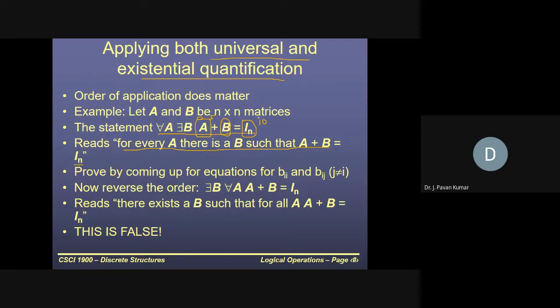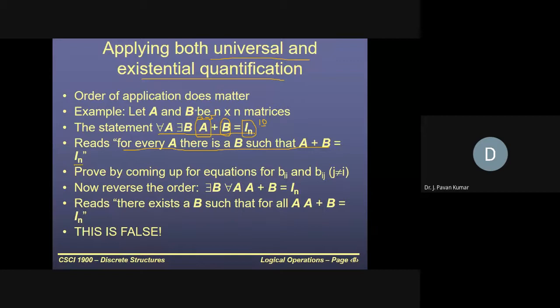In order to make it true, 5 plus 5 is equal to 10, so there exists b. Yes or no? Similarly, consider a as -5, then we can take 15 as the b value. -5 plus 15, we again get 10. So for any value of a, we can give b such that a plus b is equal to n.